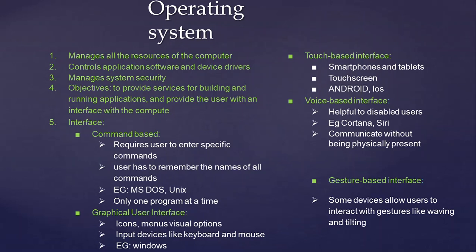Touch-based is using the touchscreen, such as our smartphones and tablets, while the voice-based especially helps disabled users and communicates without being physically present, like Cortana and Siri, while the gesture-based interface allows users to interact with gestures like waving and tilting. We are aware of this, which is used in our consoles such as Xbox and PS.